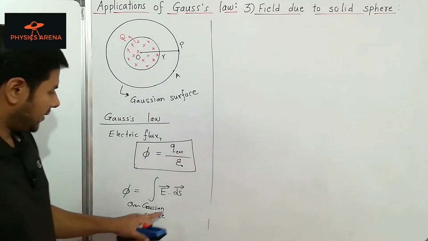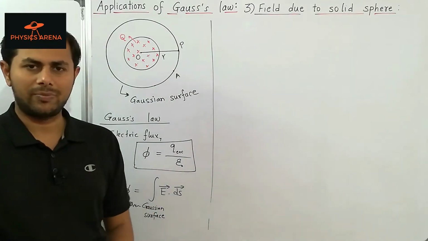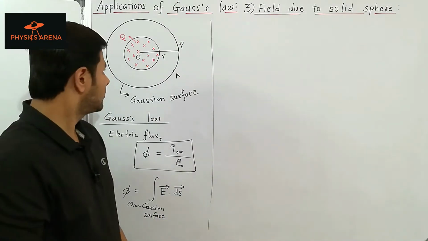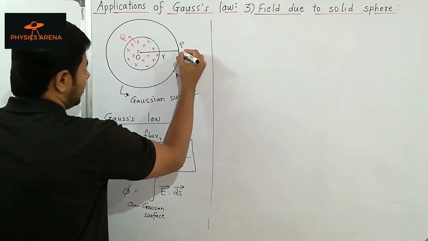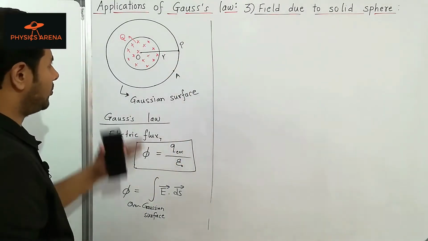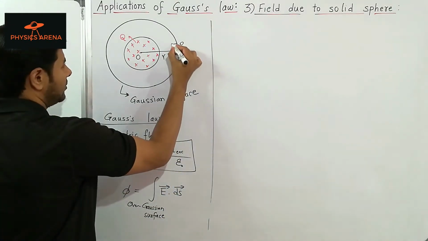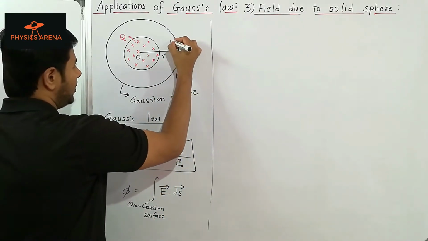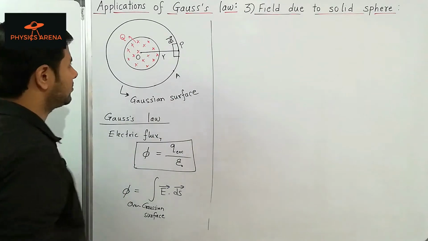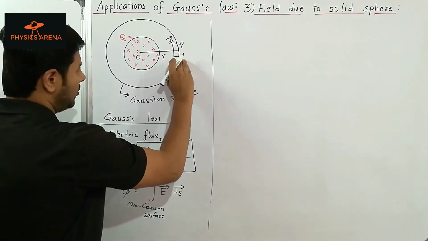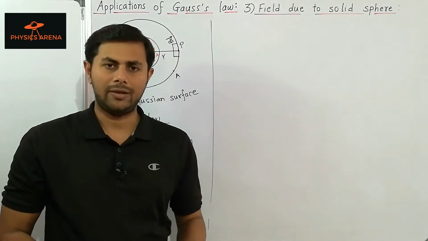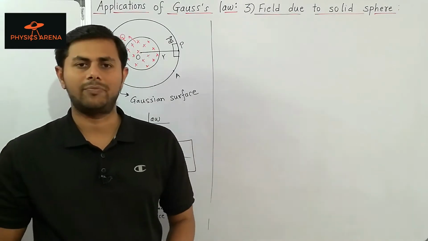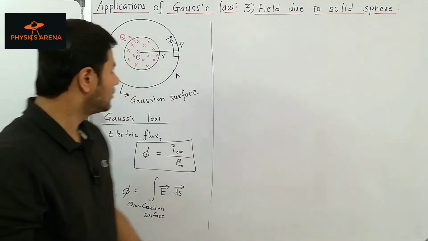Alright, so let's consider any small surface area ds bar. Because we want to find the electric field at point P, let's consider the surface area ds bar here. So this is ds bar. Now we know that the area vector has a direction perpendicular to plane of area.